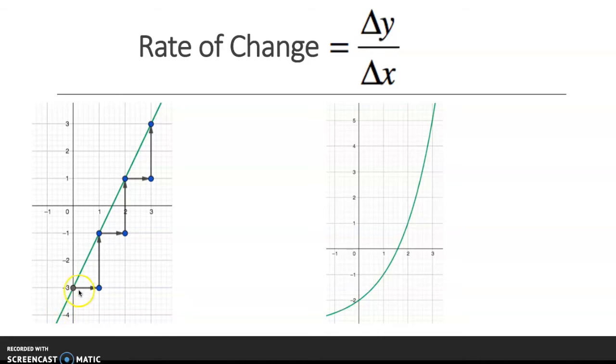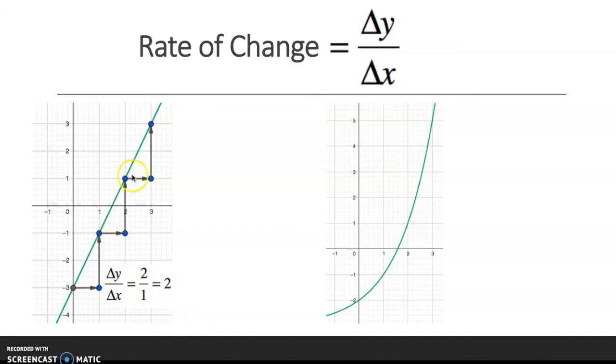From this point to this point, the change in y is this increase, which is going up by 2, so change in y is 2. And here the change in x, we're moving to the right 1 unit. So the change in x is positive 1. So change in y over change in x would be 2 over 1, which simplifies to 2.